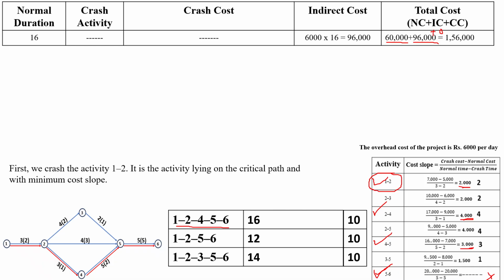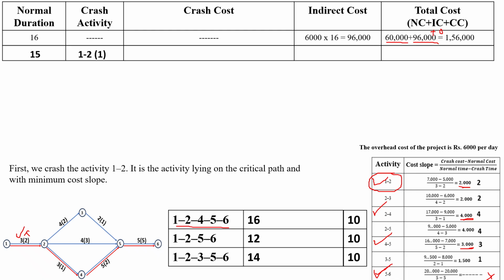Here for activity 1 to 2, the normal duration is 3 days and the crashing duration is given as 2 days. First I have to reduce activity 1 to 2 by 1 day. Then the project duration will become 15 days, since we are reducing 1 day.